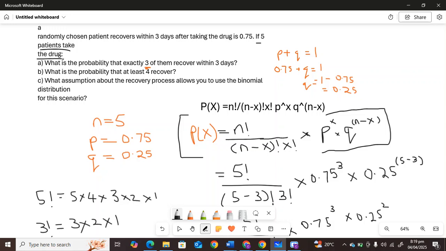P represents the probability of a success. A binomial distribution, as I said, has two outcomes. So the outcomes are labeled either a success or a failure.